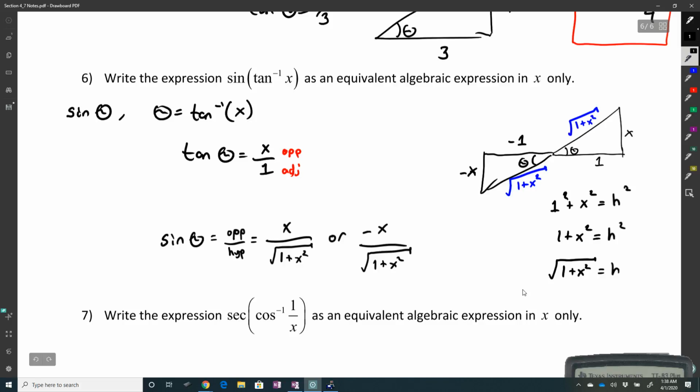And so in this case, since there's two answers, I'm going to do plus or minus. All right, so my solution is plus or minus x over the square root of 1 plus x squared.